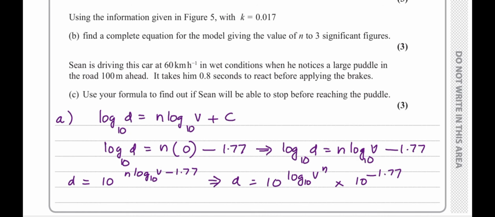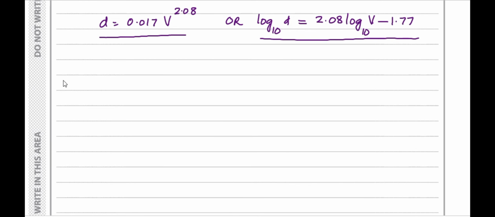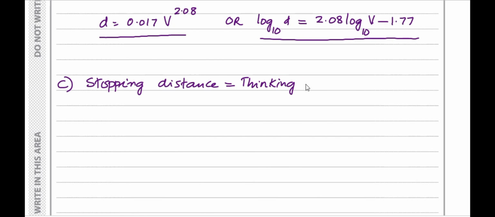But in the process, we should also consider the fact that there is a thinking distance here, that is, the distance traveled by the car in 0.8 seconds when he is able to react for applying the brakes. So the total distance will be braking distance plus the thinking distance. So let's start by saying stopping distance equals thinking distance plus braking distance.